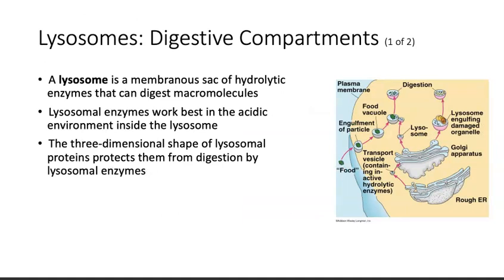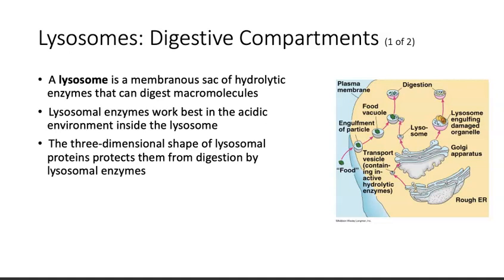Lysosomes are made and are part of the endomembrane system, because they are a form of vesicle that's made at the Golgi apparatus. And lysosomes have a very specific role that's similar to the digestive system in your body, the stomach.